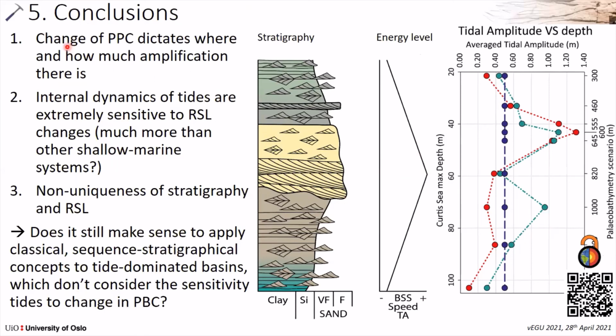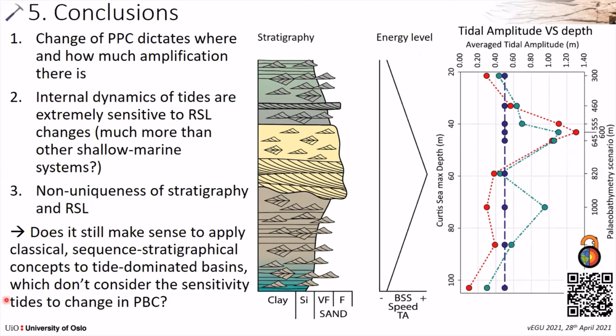To conclude, we've shown that change in paleophysiography configuration dictates where and how much amplification there is in the system. We have also shown that the internal dynamics of tides are extremely sensitive to changes of relative sea level, and they can change a lot between different places in the basin, meaning that you have a non-uniqueness of the stratigraphy and the relative sea level change.